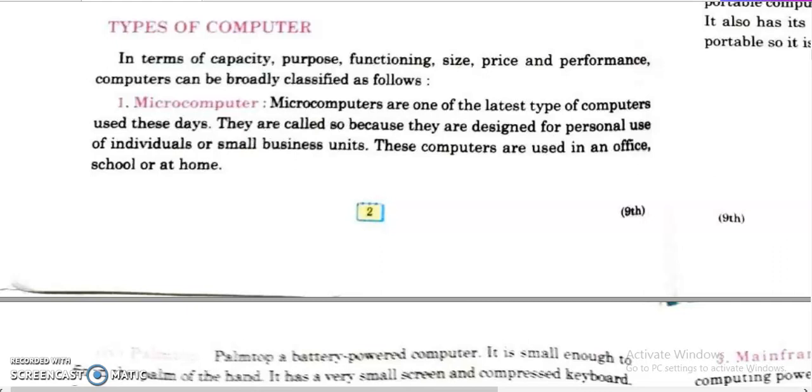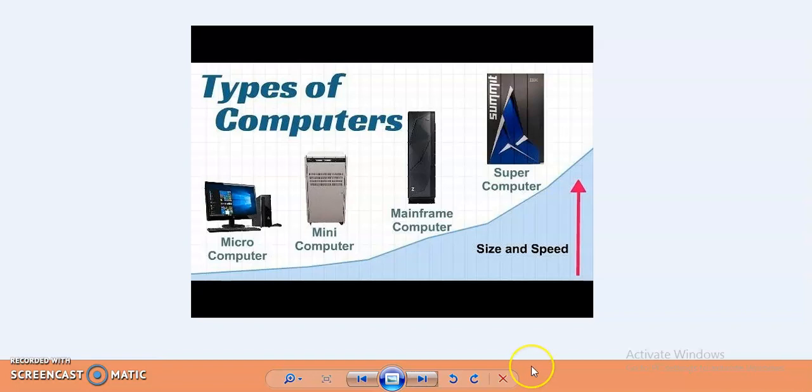I have some images to help you understand the different types of computer available on the basis of their functionality, starting with microcomputer.